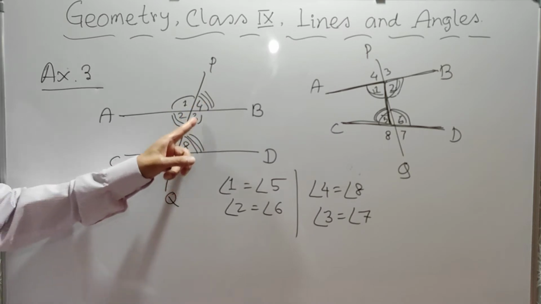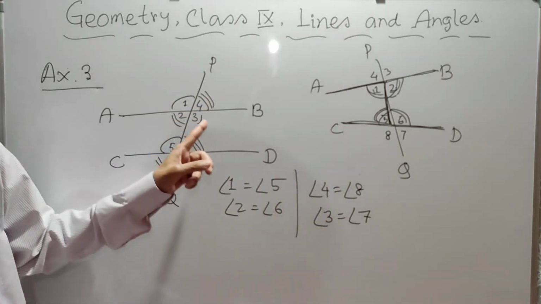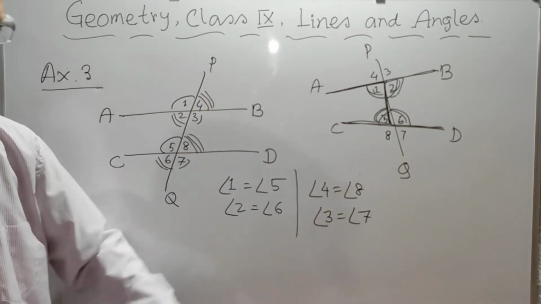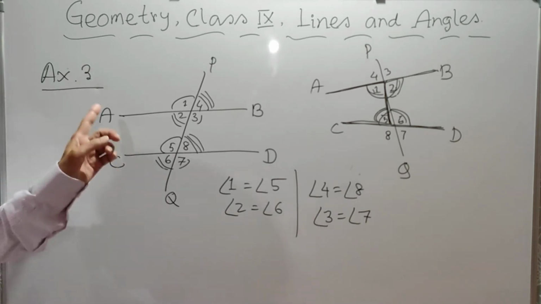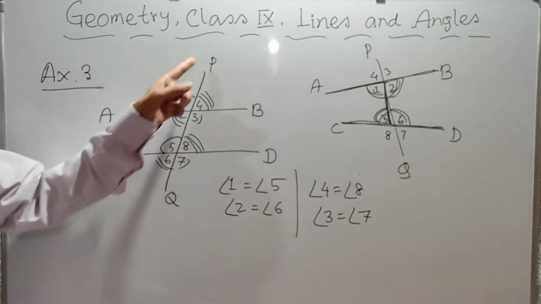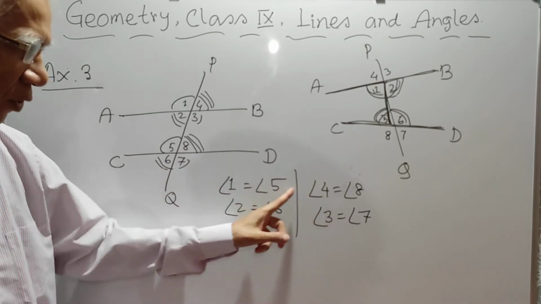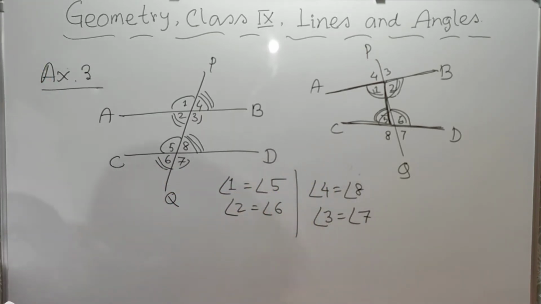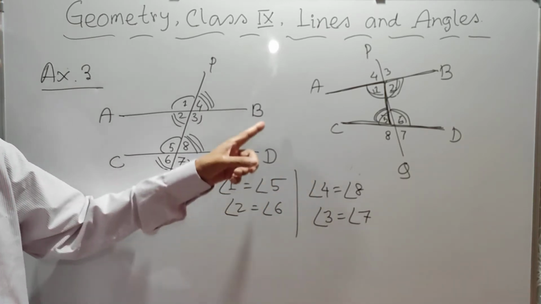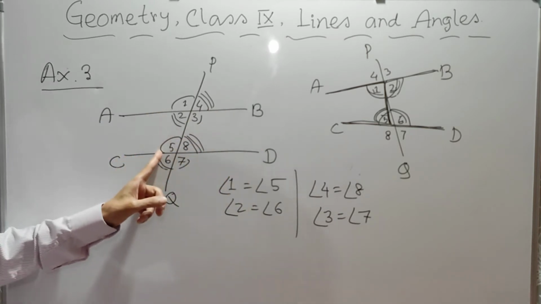Then 4 and 8 corresponding pair, they are equal, and 3 and 7 corresponding pair, they are equal. So when two parallel straight lines are intersected by a transversal, then the four corresponding pairs of angles are equal. Because why? Because these two are parallel.